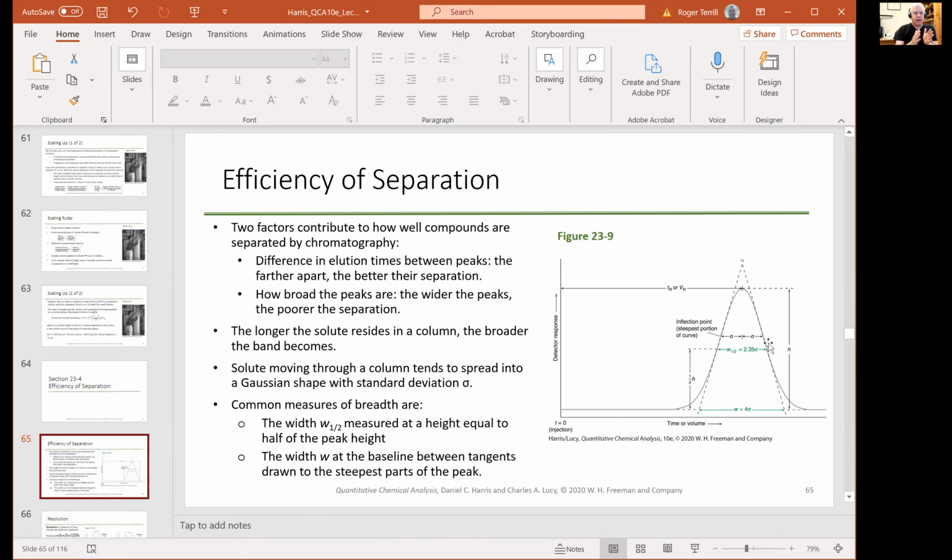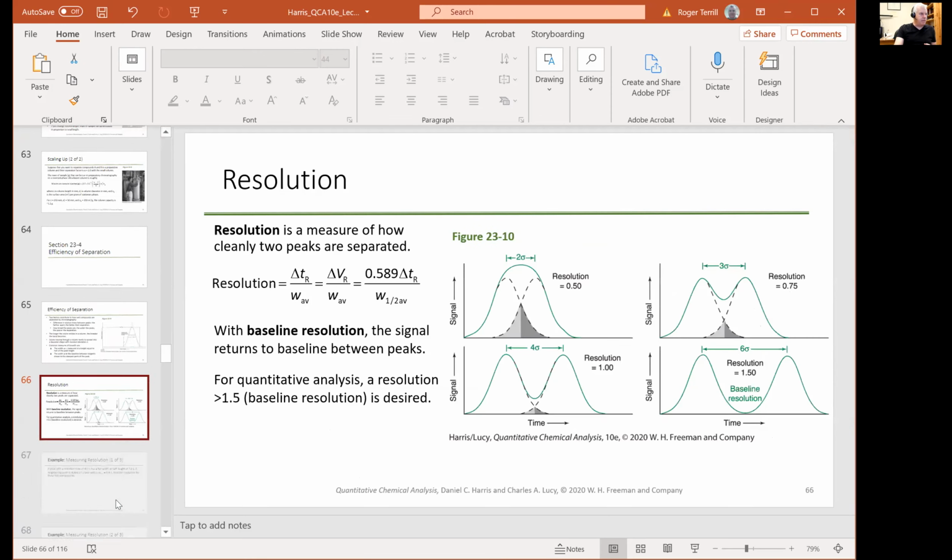It's the width at half height, because doing the extrapolation to the baseline is not easy. But the width at half height is normally something you can get, right? And the width at half height is equal to 2.35 sigma, assuming it's a Gaussian. They're never Gaussian, but they're close enough, right? And so this is a way to characterize the width of a peak. It can be done, right?